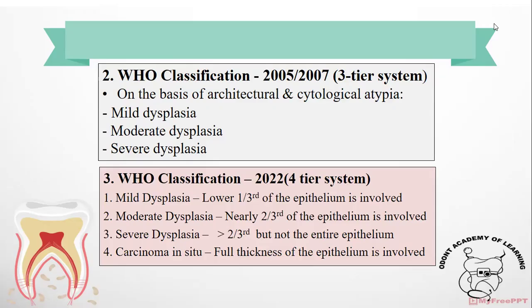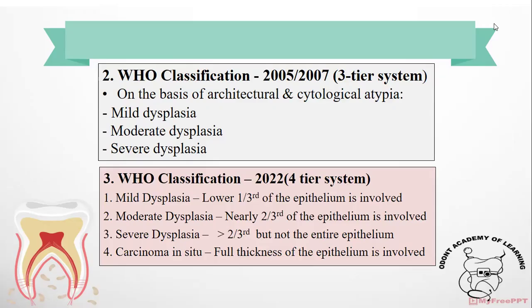So what was the meaning of mild dysplasia by WHO? WHO said that if the lower one-third of the epithelium is showing the abnormal changes, then that will be called mild dysplasia.